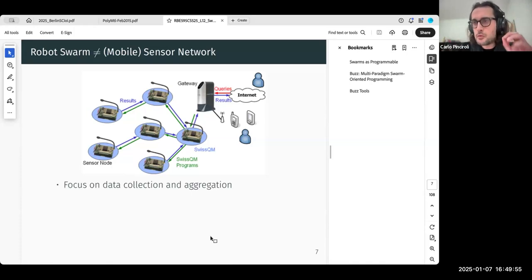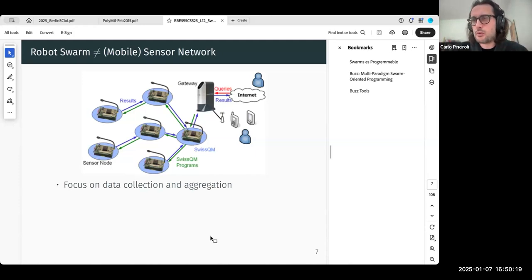The reason is that swarms do not just do data collection and aggregation. It's one of the applications, but it's not the defining application. Robot swarms build stuff, or at least we want them to. Robot swarms modify the environment. Collecting and aggregating data is one of the applications. Monitoring, sure, fair. Coverage, fair, but it's not so important.